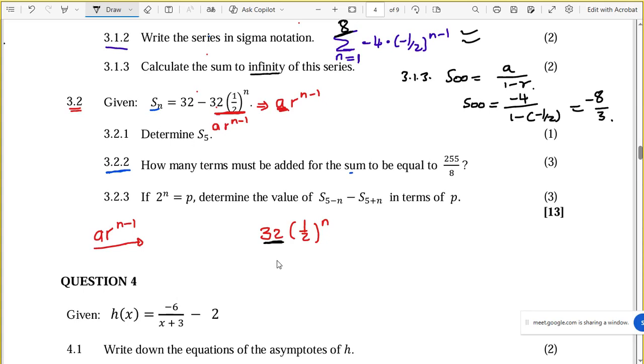I'm not sure what I'm doing here will work. So this will be 2 to the power 5 times 2 to the power minus 1, and this is to the power n. Will this work? Let's see. 2 to the power 5 times 2 to the power minus n.